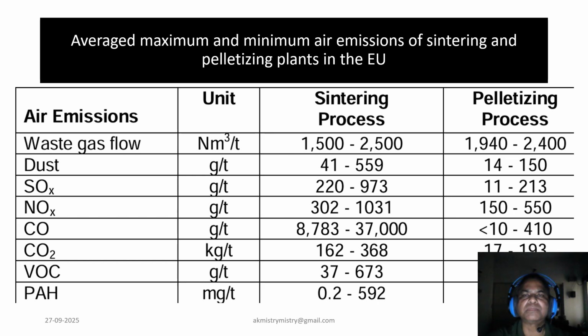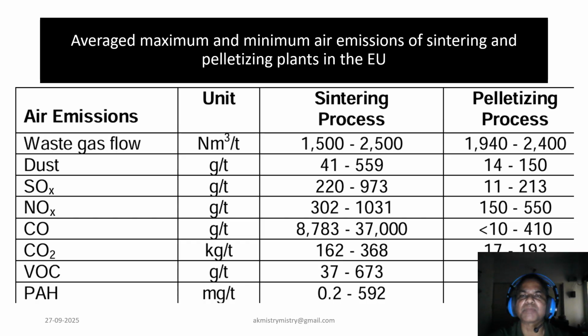So this has already been discussed, the environmental impact. Based on the discussion, the pelletizing process generally has a smaller environmental footprint, resulting in lower emission of pollutants like CO2, NOx, SOx, and dust, particularly when using magnetite ore.